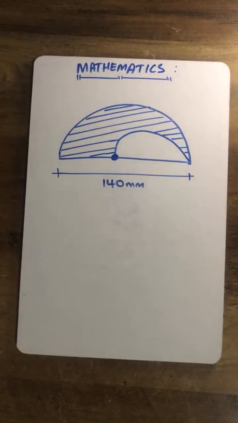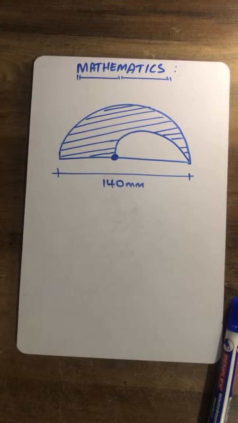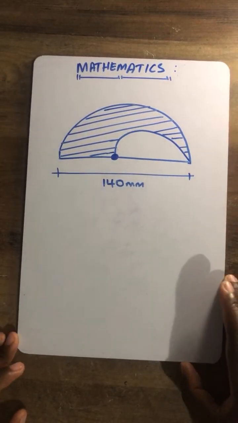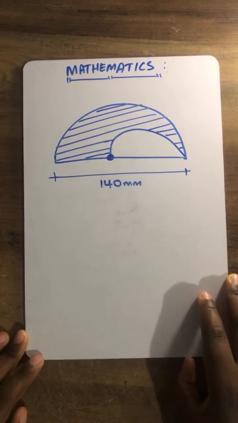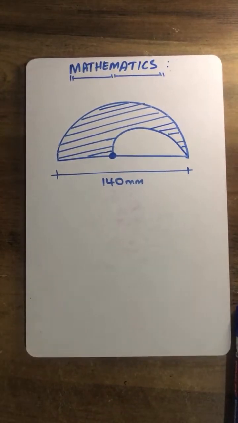Area of the shaded part. Yes, let's see. Let's see if you are going to be able to work it out. Area of the shaded part. Area of the shaded part.